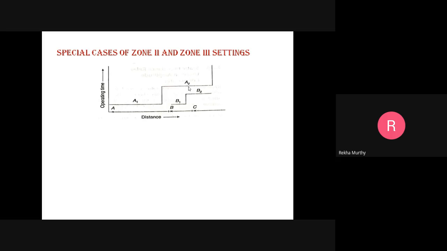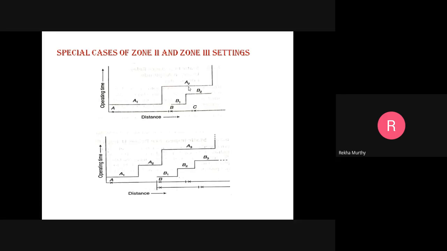Okay, now to tackle this problem, the zone 2 delay time is made long enough to be selective with the zone 2 time of the adjoining line section. Similarly, this will be the third zone adjustment, wherein the third zone unit is provided for the backup protection for the adjoining line section.